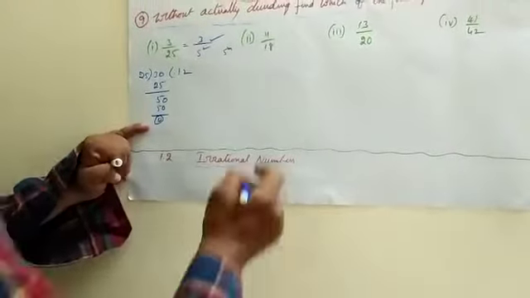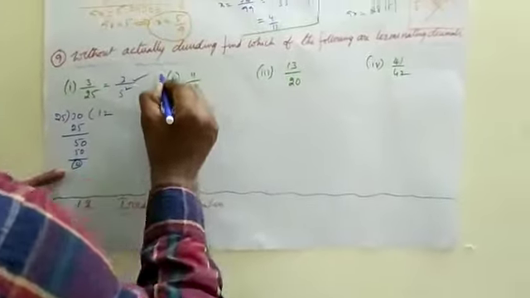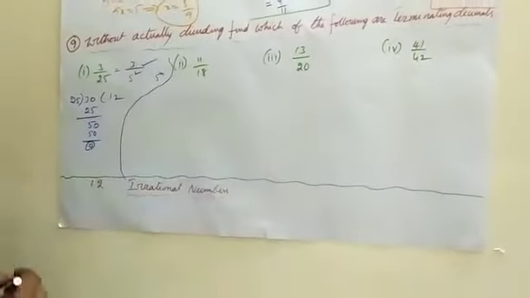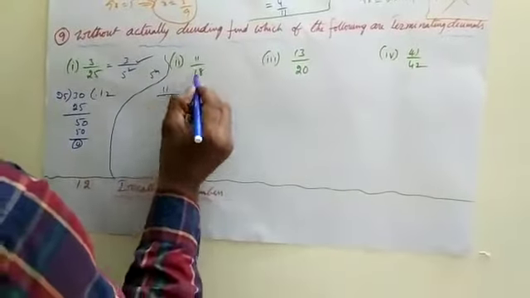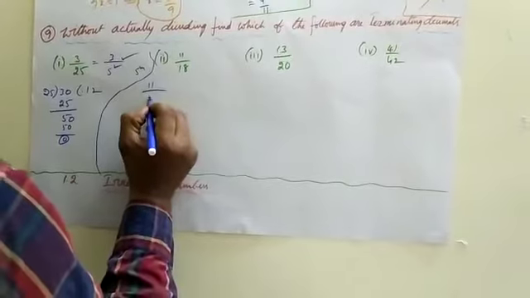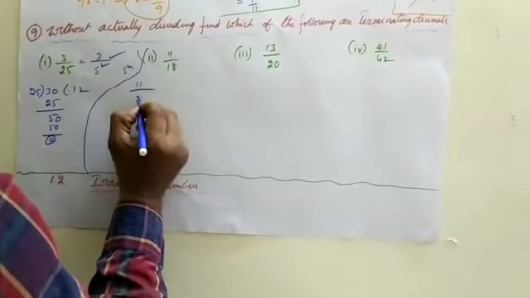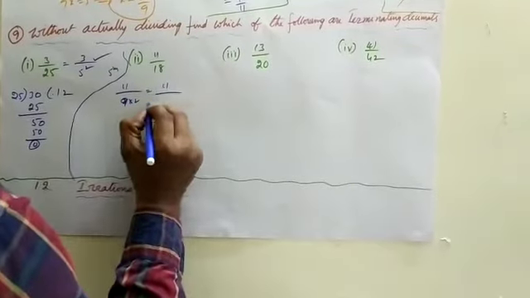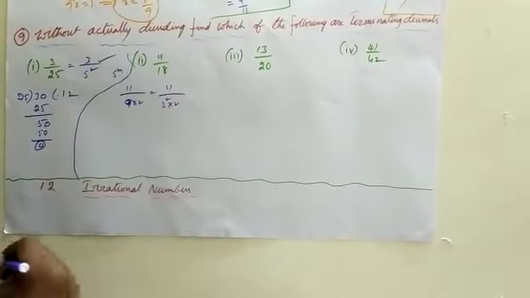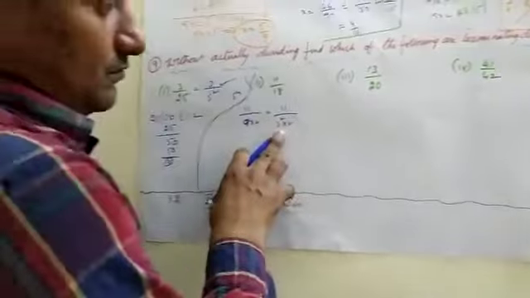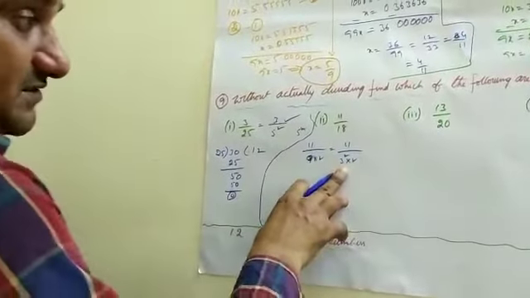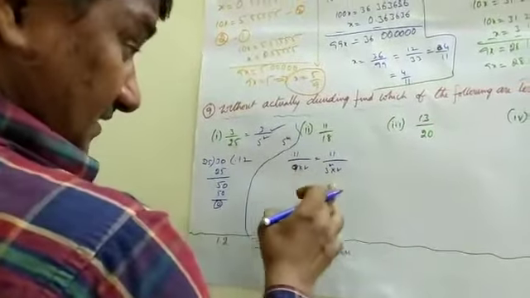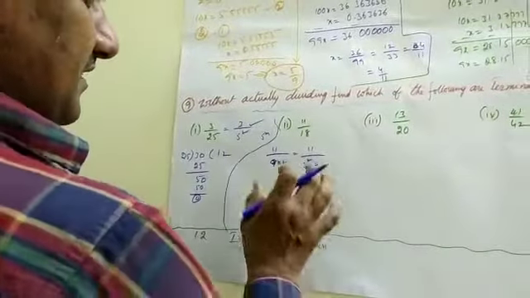Like 11 by 18. What is 18? 9 twos. That is equal to 11 by 9 in terms of 3 square into 2. This is non-terminating, repeating.